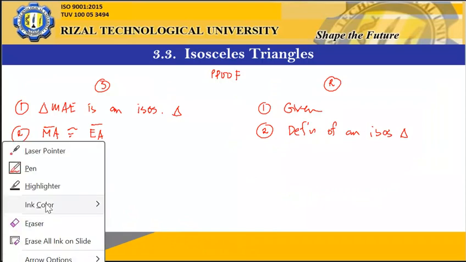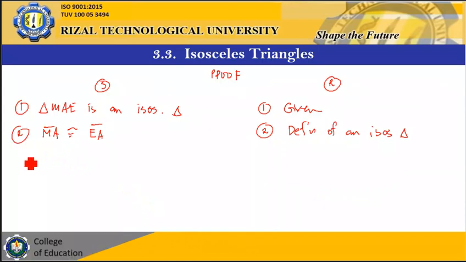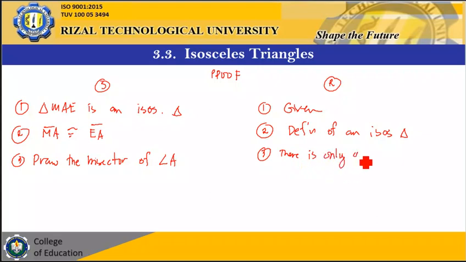Okay, draw the bisector of angle A. And the reason we can do that is because there is only one bisector of an angle. Okay?